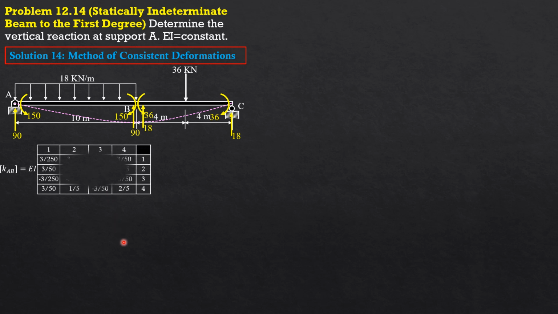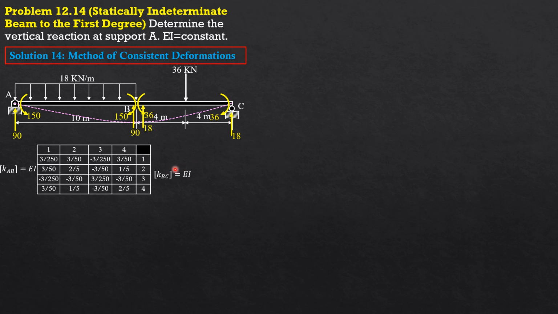For BC, it is EI quantity. It is 3, 4, 5, 6, 2, and 3. So 12 times EI, 1 over 8 cube is 3 over 128. 6 times 1 over 8 square is 3 over 32. Then the negative of that cell, then copy.